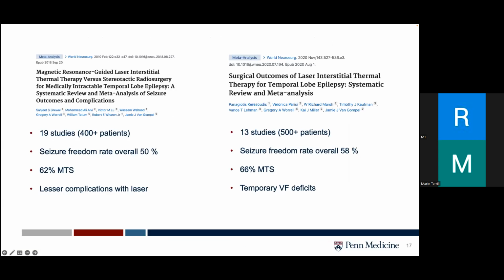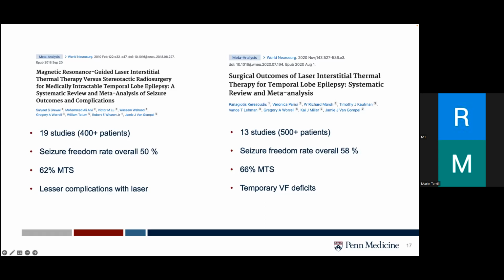This is data from 2 meta-analyses that are 2 years apart, again showing similar overall seizure freedom rates. The first one is from the Mayo Group comparing laser versus stereotactic radiosurgery. And the second one, also from the Mayo Group, included a study looking at visual field deficits in patients and reported a nearly 30% rate of transient deficits after laser interstitial thermal therapy.